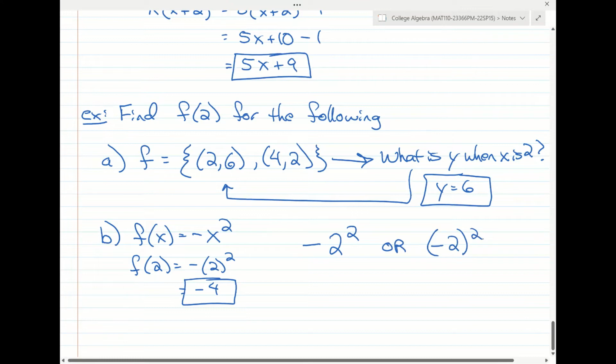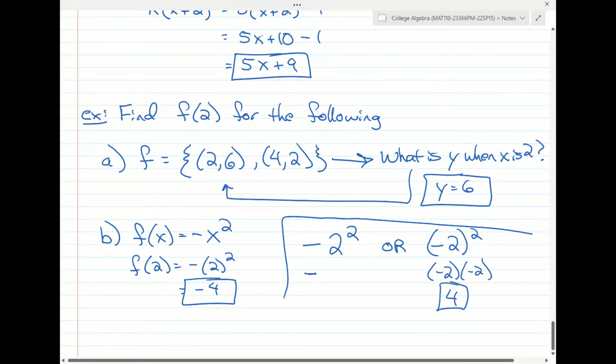Just as a little reminder, this is a totally separate problem. For the problem on the right, this just means we do negative 2 times negative 2, which is 4. For the problem on the left, that means we do the opposite of 2 times 2. Just so you know, those are different problems. Parentheses are important.